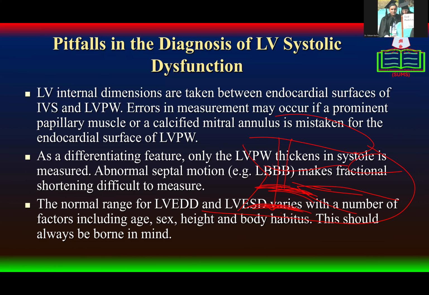But during systole, they come closer to each other, and then it becomes difficult to separate the endocardial margin of the posterior wall from the chordae tendineae. And apart from that, abnormal septal motion, for example, if there is a left bundle branch block, then it will make the fractional shortening difficult to measure.